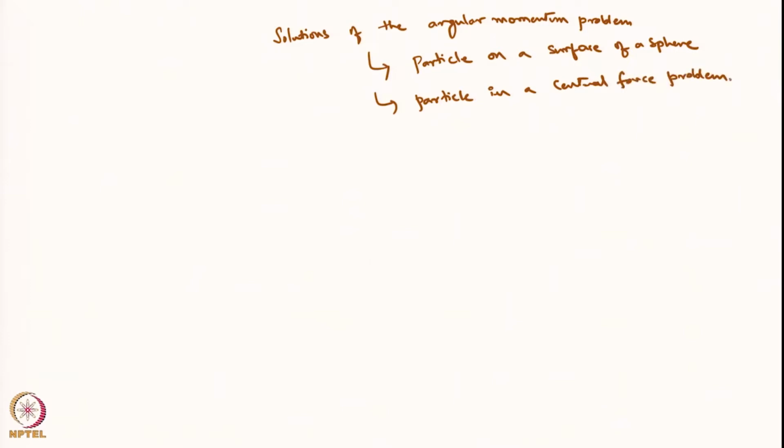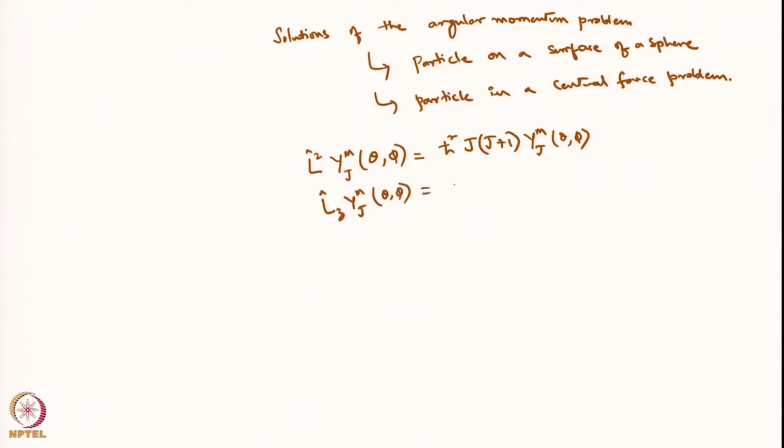Then the L square operator acting on the wave function Yjm of theta and phi gives h bar square j into j plus 1 Yjm theta and phi, and the Lz operator acting on Yjm theta and phi will give you m h bar Yjm theta and phi.